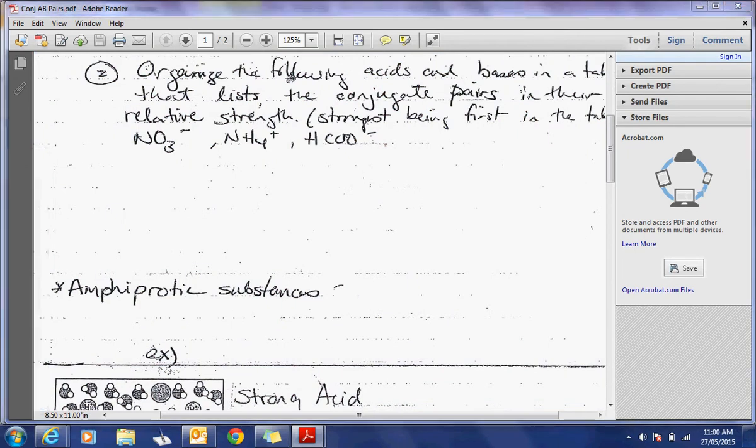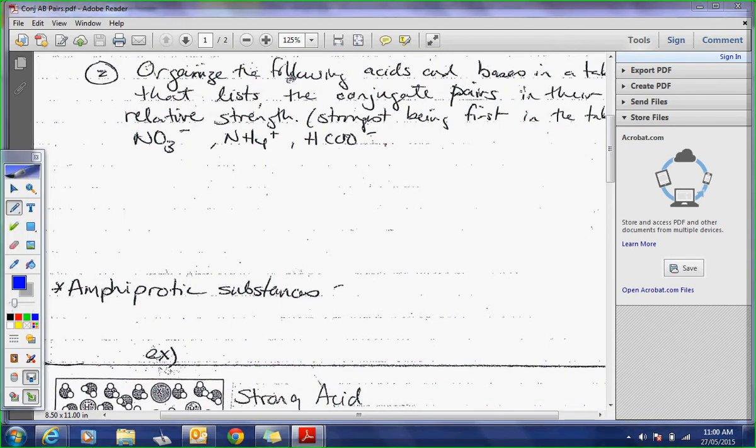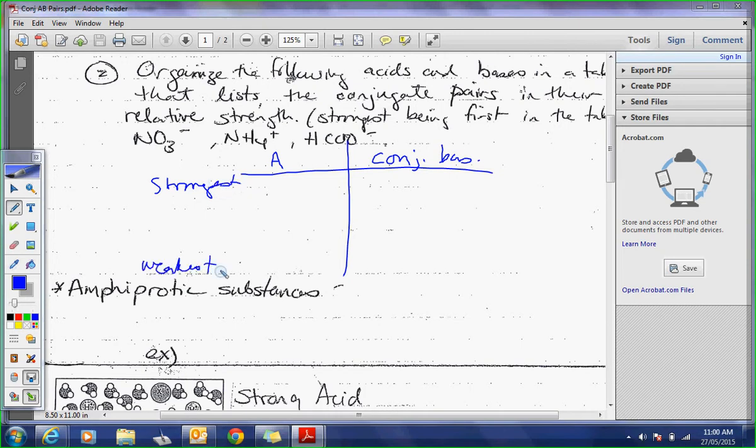Okay, so this is what I'm wanting. I'm wanting a table, and I'm wanting you to put the acid and the conjugate base pairs, and I want the strongest over here and the weakest down there. Okay?